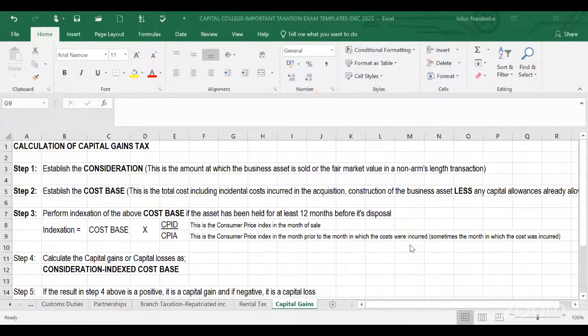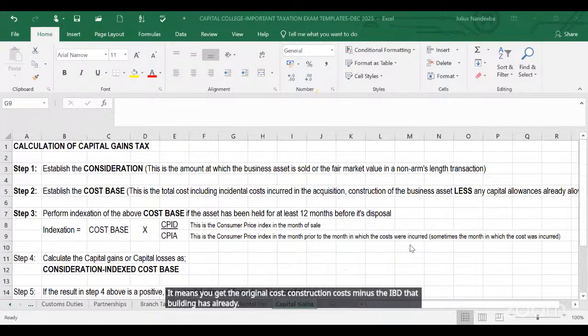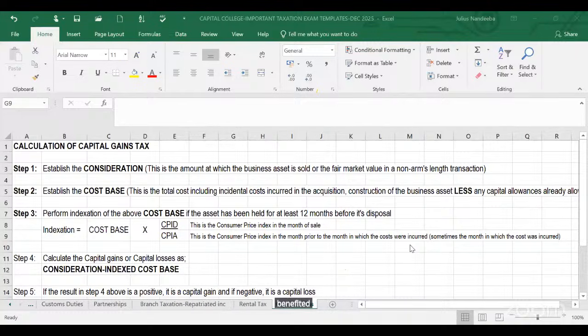Because an asset like a building qualifies for IBD. So if they have already given IBD to that building, it means you get the original construction cost minus the IBD that building has already benefited from. And then you remain with the cost base, less IBD.